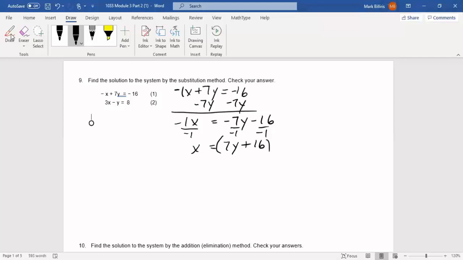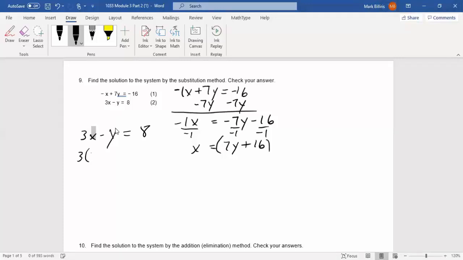So what we're going to do is go back and use the second equation, the 3x minus y equals 8, and substitute 7y plus 16 in for x. So we have 3.